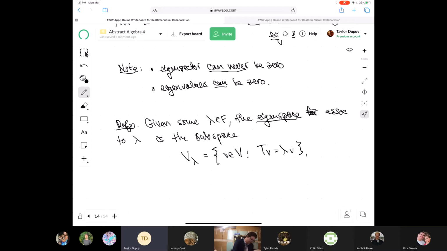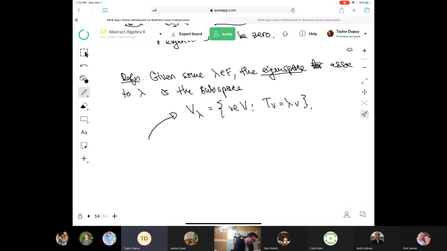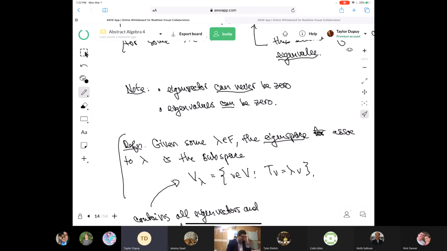It contains all the eigenvectors and the zero vector. You all know this. Eigenspaces and eigenvalues are usually helpful over algebraically closed fields, but we're going to be doing things that work over the rationals. But let's get into that.